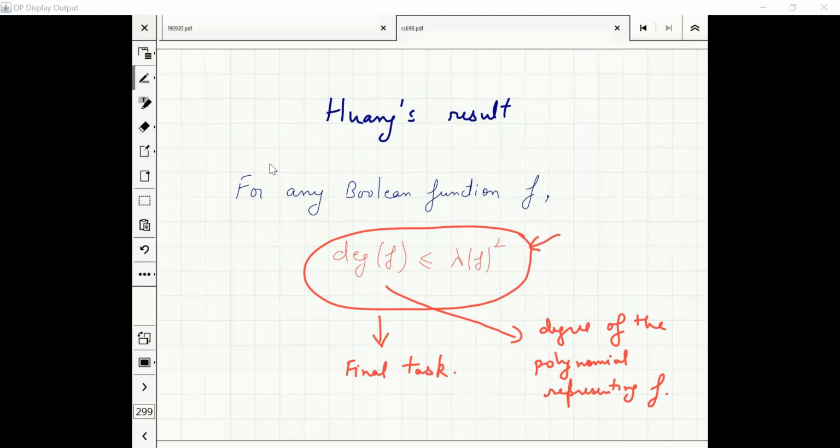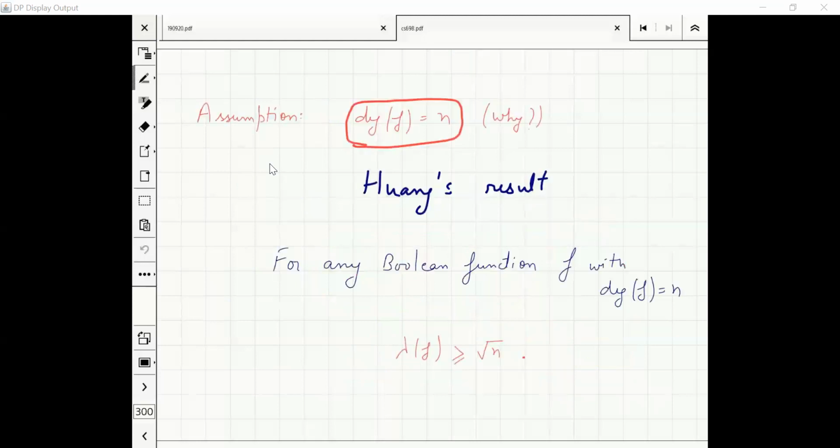This is the only thing which I want to prove now. I prove this, I'm done with the sensitivity conjecture. So this is where you should focus. And if you are focusing on this, then the first claim is that we can assume degree to be complete. The question is why?